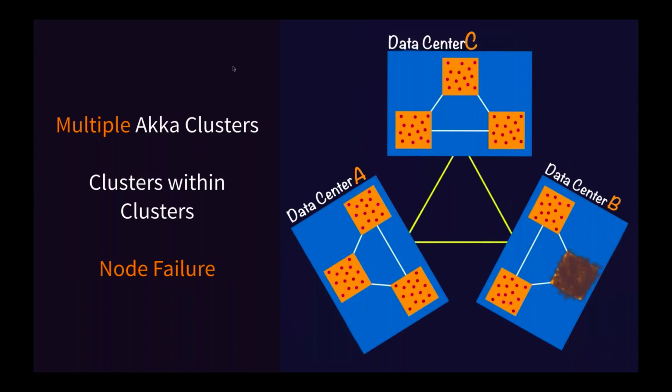Contrast that with this scenario, where a node goes down in data center B. Again, A and C know that that node is unreachable. But B reacts differently. This causes a state change in the cluster state of B. B maybe has split brain implemented, so it reacts by recovering from a split brain type of situation.